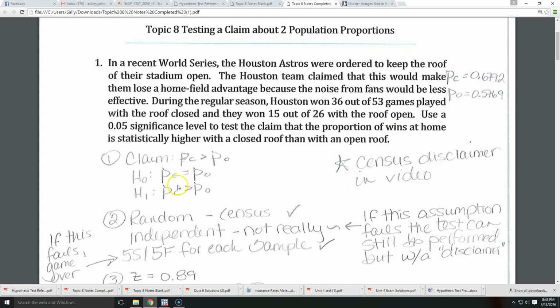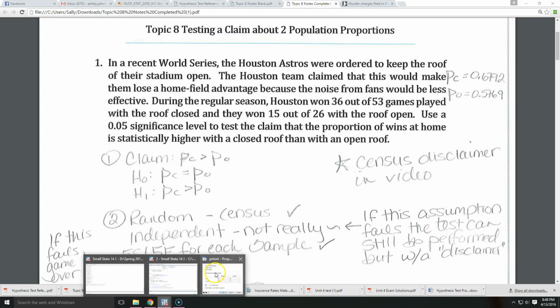This is going to be a right-tailed test. So whatever alpha is, we have to double that tail. We have 0.05, so we need to double that to be 1 in one tail, 1 in another. So this is going to be at the 90% level.